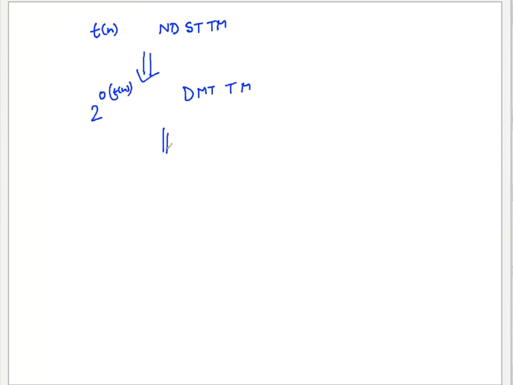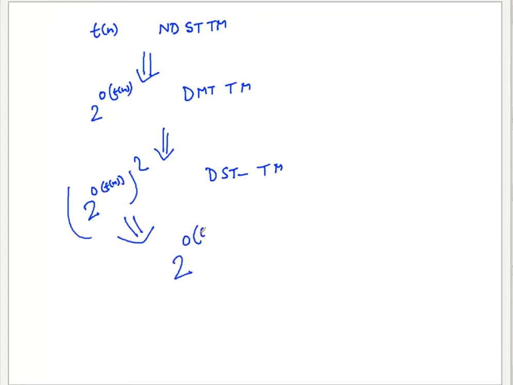Now when you further convert into a deterministic single tape Turing machine, how much time will it take? Whatever time it was taking, the square of that. So 2 to the power order of Tn, whole squared. Because the square becomes a multiplication in the exponent, it does not affect the factor, so it still remains 2 to the power order of Tn.